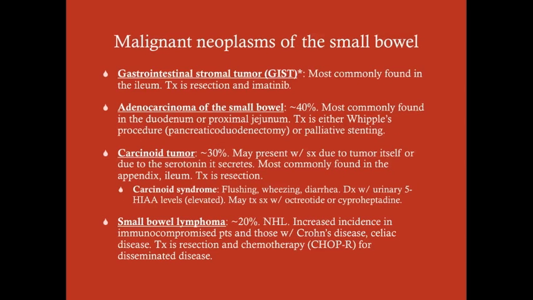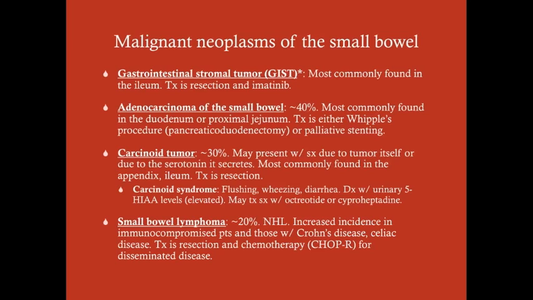Okay, so the malignant neoplasms of the small bowel include the gastrointestinal stromal tumor. Gastrointestinal stromal tumors are not always malignant. About 10 to 20% of them are malignant. If they are found, they're most commonly found in the ileum, which is not the easiest place to visualize.